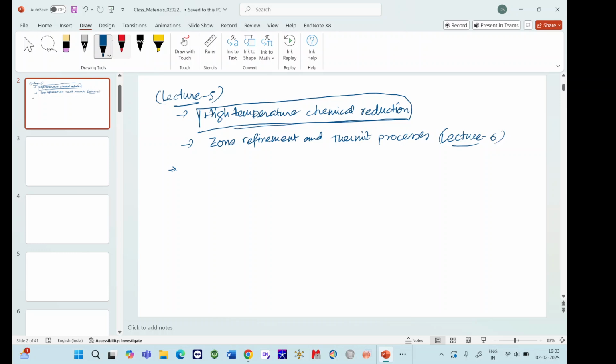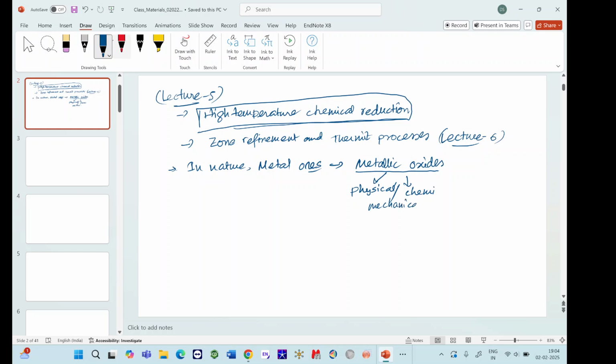As you already know from the earlier week, in nature all the metal ores are in the form of metallic oxides, right? We learned about a few techniques that are physical, or you can say mechanical, and chemical methods.